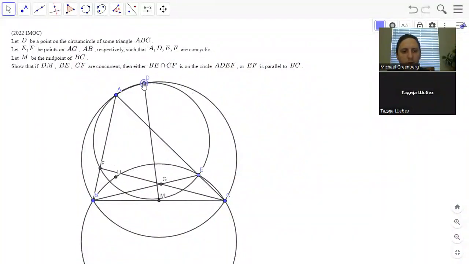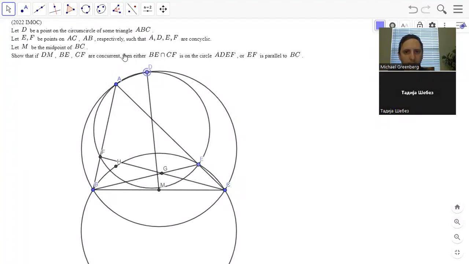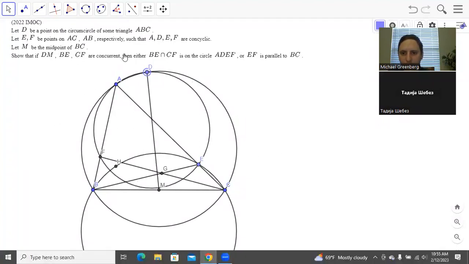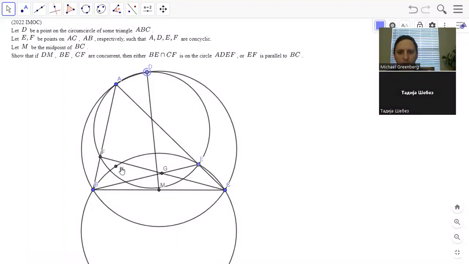Oh, because are you kind of just reflecting things? Is that how you got it? So CG and BG cut AB and AC. I'm a little confused.